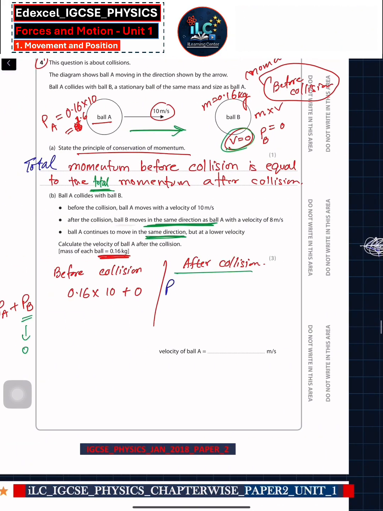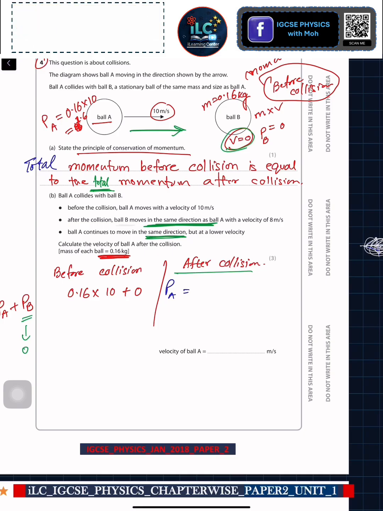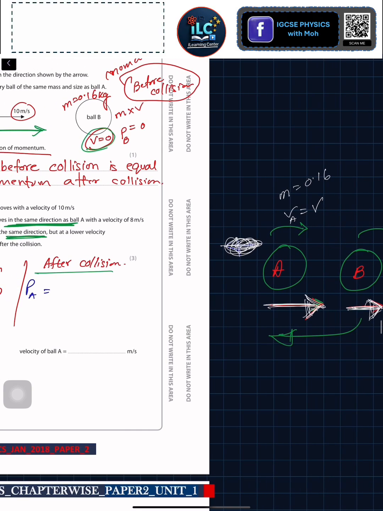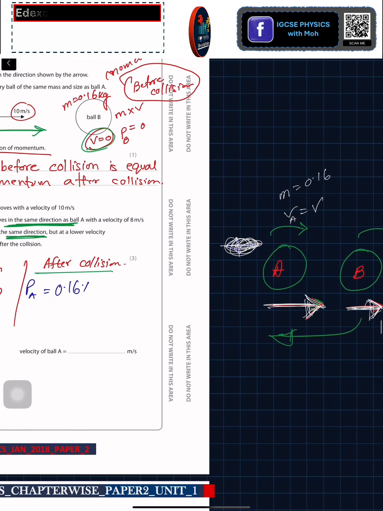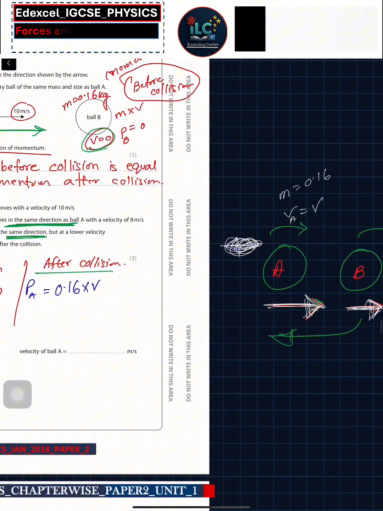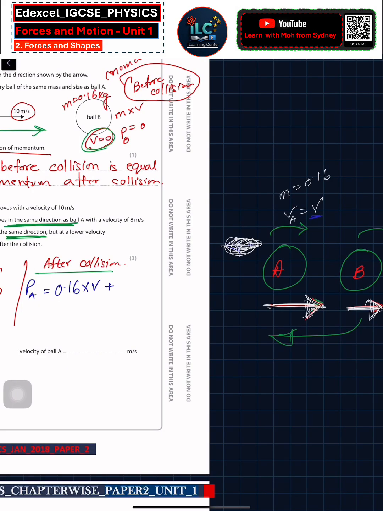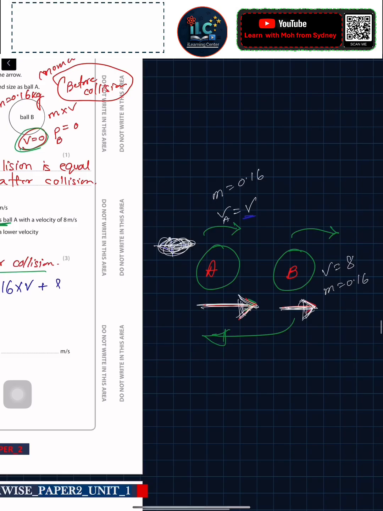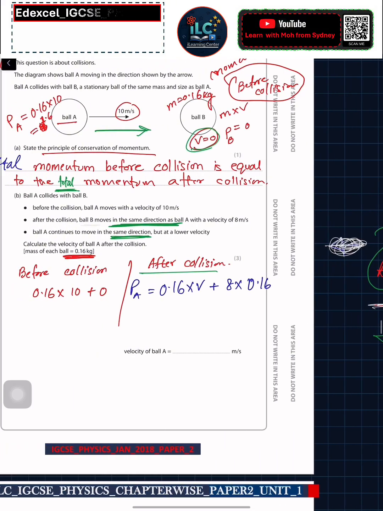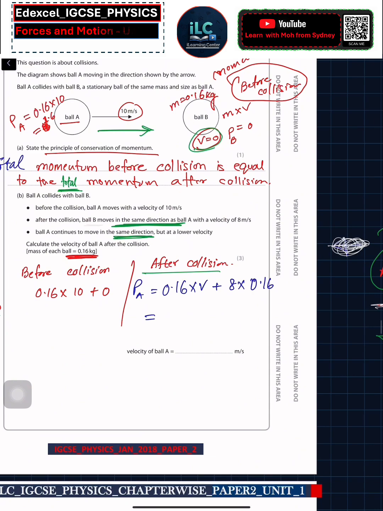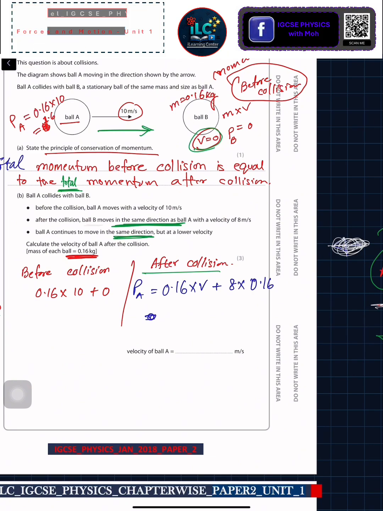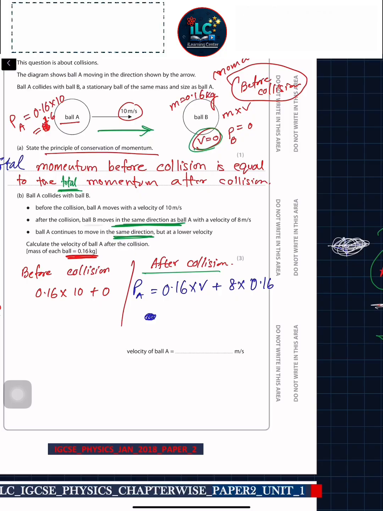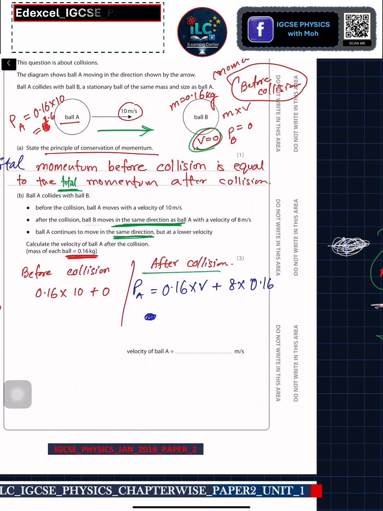P of A is equal to 0.16 times V, I don't know the velocity, plus 8 times 0.16. I won't do the total now, I want to do the direct calculation here.